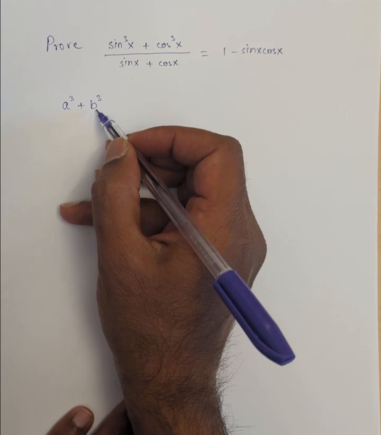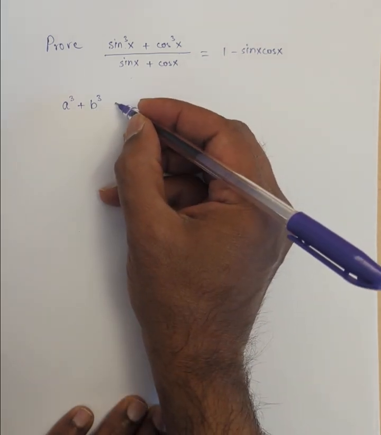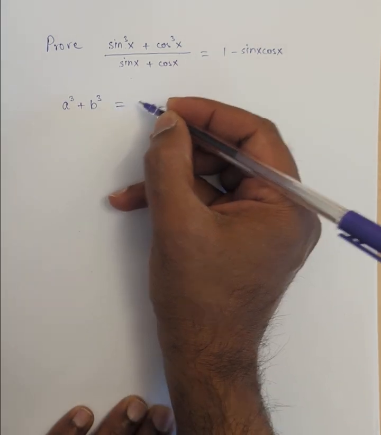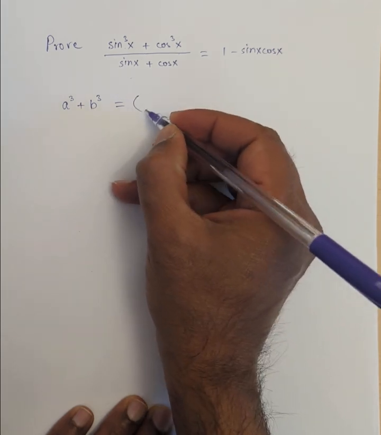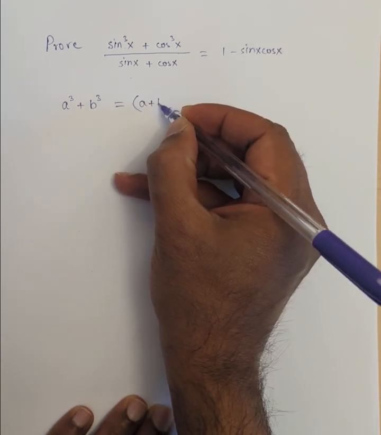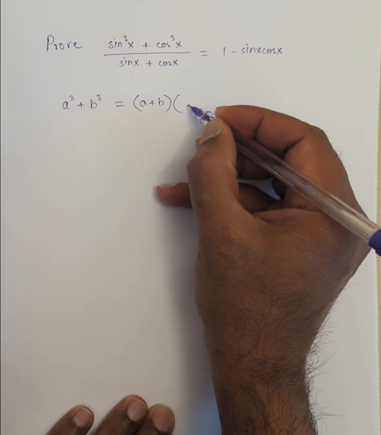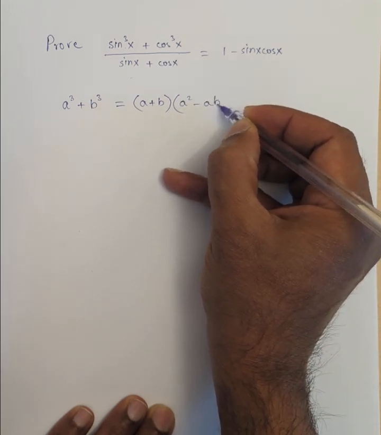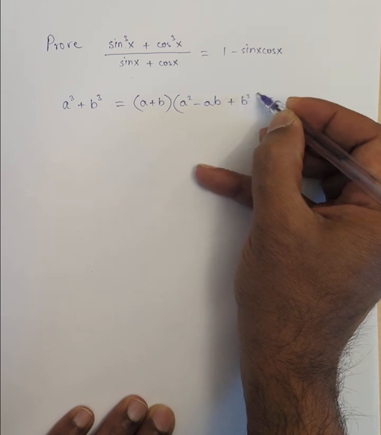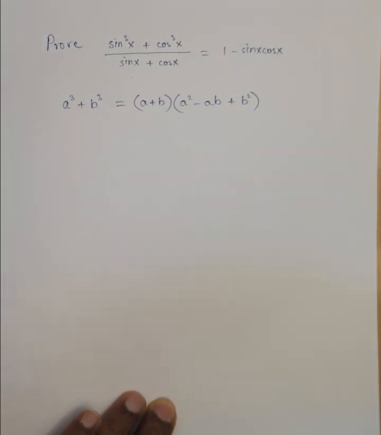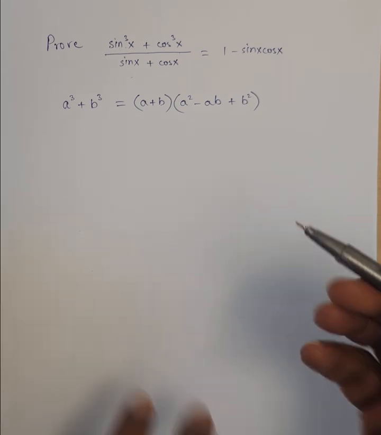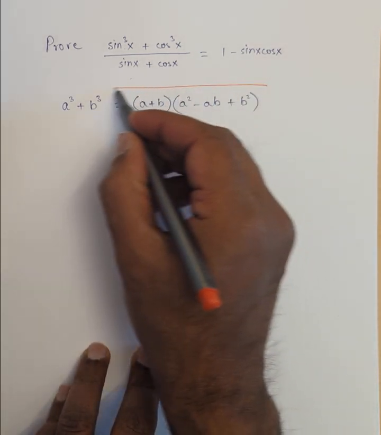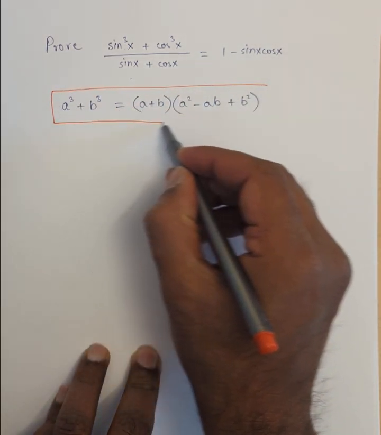You can always factor a cube plus b cube, and that factors as a plus b times a square minus ab plus b square. If you have seen this earlier, then that's good. If not, please take a note of this factorization.